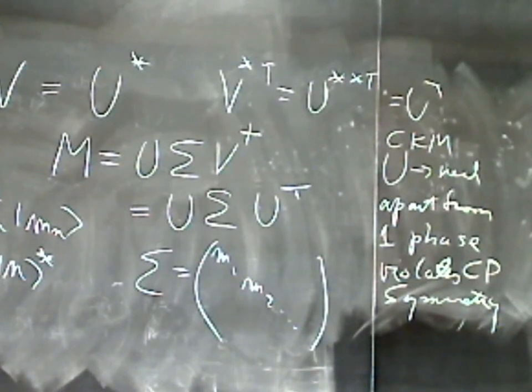C stands for Cabibbo. K and M, gosh, I don't know. There are two Japanese physicists who won the Nobel Prize for this work. The Italians were very annoyed because Cabibbo didn't share the prize.